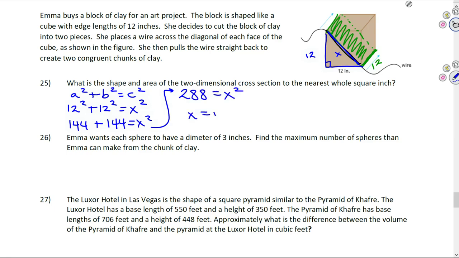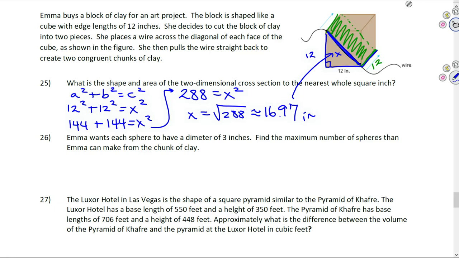So x is equal to the square root of 288, which is approximately 16.97 inches long.